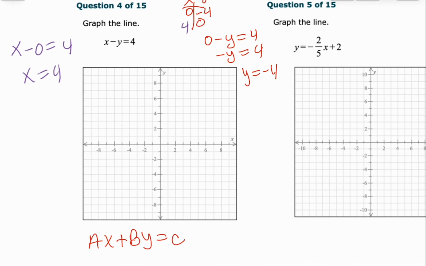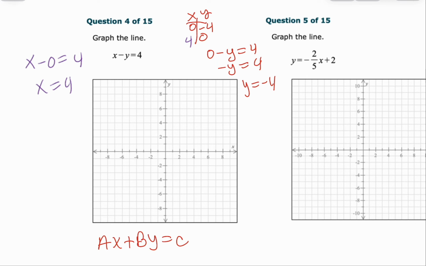So you'll notice we have 2 points here. Our y-intercept is at the point (0, -4). Our x-intercept is at the point (4, 0), and we can graph our line. Then you can answer questions about the line if they have asked you.